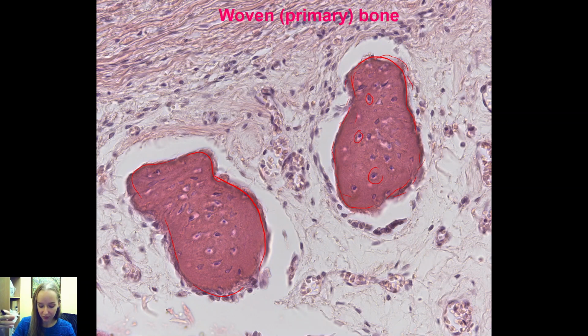These collagen fibers are really disorganized, so we're not able to see some kind of organization. You will be able to compare that to another picture. So no organization here, just some eosinophilic matrix made of collagen, with osteocytes inside and osteoblasts on the surface.